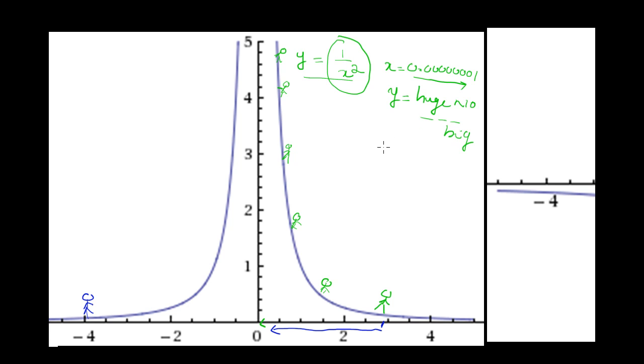We say that as x is approaching 0 from the positive direction, the function is approaching a very big number, and we say it's infinity. Now the question is, is it a positive number or a negative number? It's positive because it's going in this direction, so we say plus infinity.